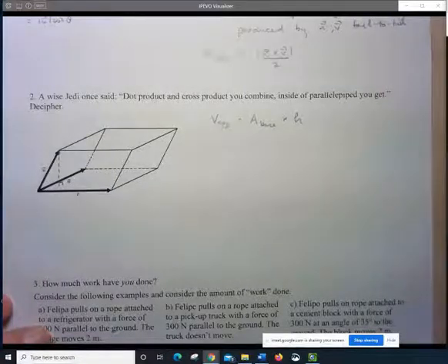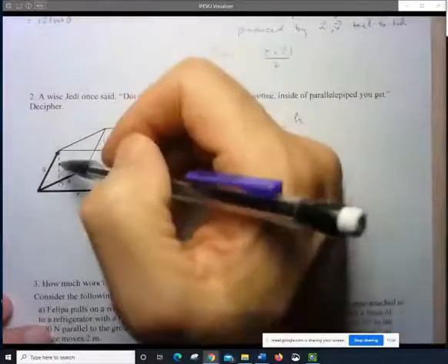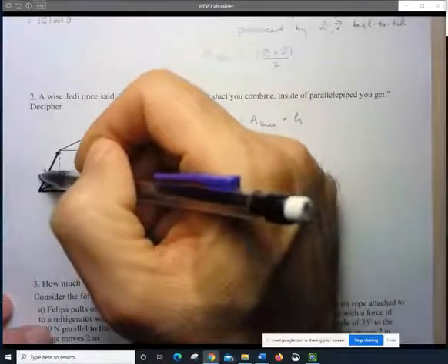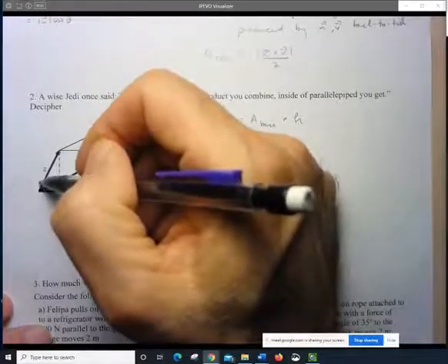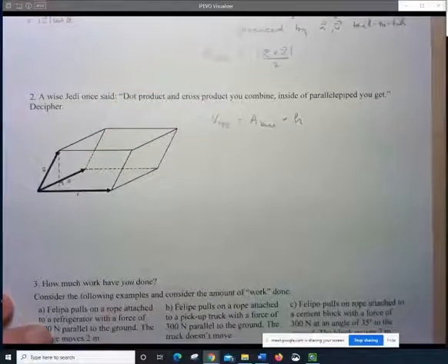I'm going to give you a bit of time to work on this, but I'm going to draw something else on here that maybe will give you a little bit of a hint. This height here, I'm just going to draw that line off where these three vectors meet. These two heights are equivalent.